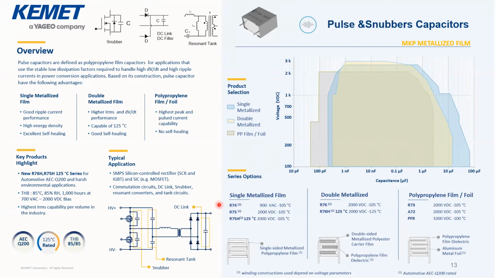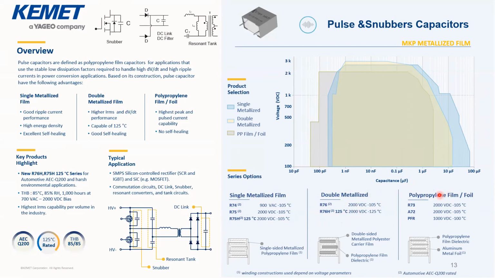And the metallization has a direct impact on the current capabilities and also on the overall size of the component. So the families R74, R75, and R75H, which is the newest series at 125 degrees, are single metallized, whereas other families are as the R76 and R76H, which is also a new series at 125.